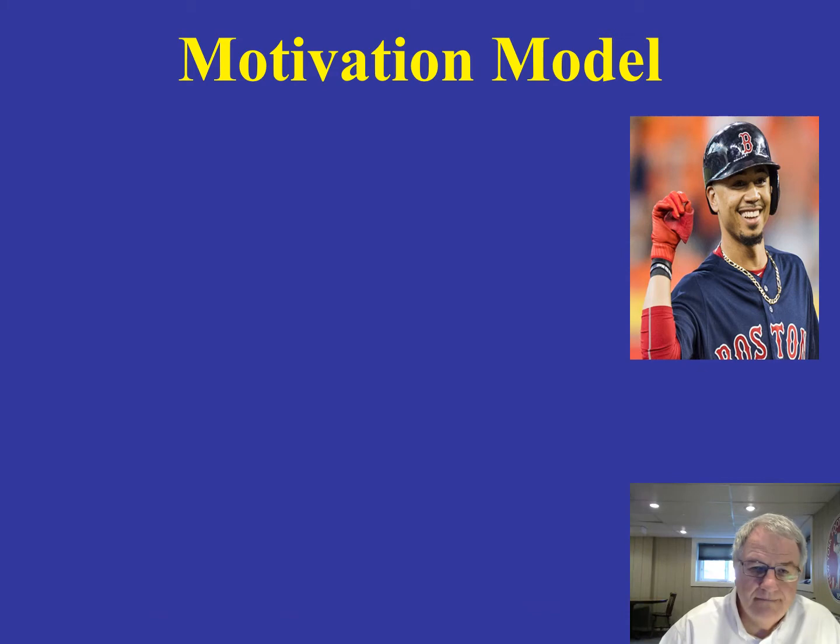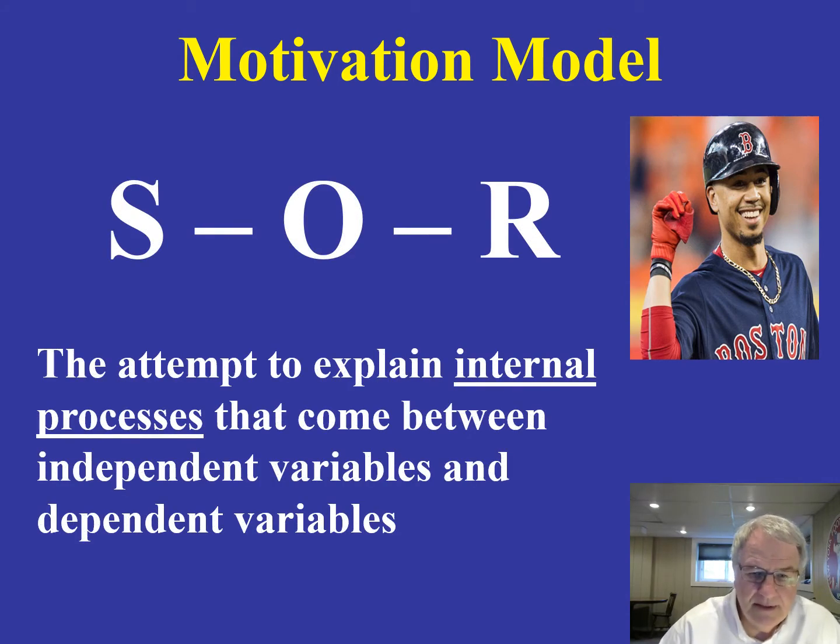So I like to start out by talking to students about a model that's been around for a long time to help us understand motivation. The model is simply called the SOR model. The S refers to stimulus, O refers to organism, and R refers to response.